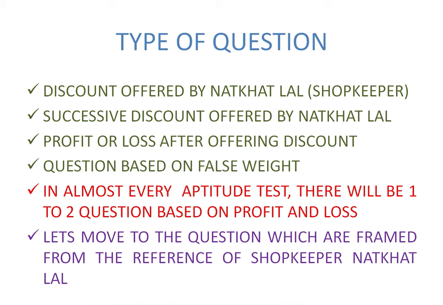As we are discussing the basic concept of profit and loss, we will discuss very simple questions based on profit and loss so that our concept will be clear. How we have to solve these questions, we will see in these examples.